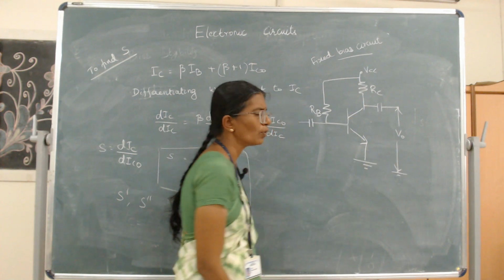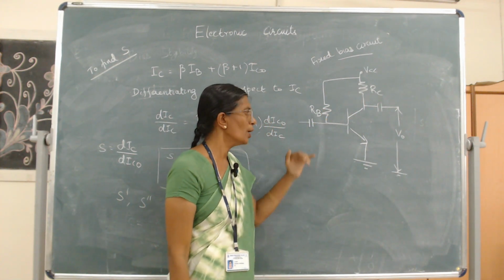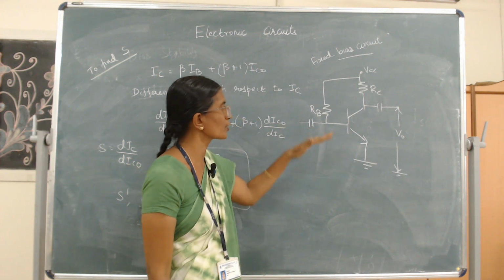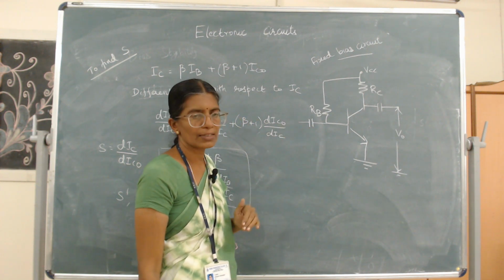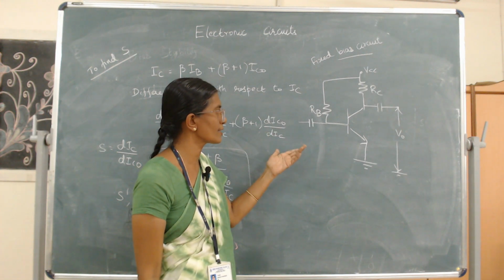As I have told you, biasing is nothing but connecting the resistors in some form to fix the Q point. So if this is the circuit given, what will be the S value? We have to find out what S is in this case.